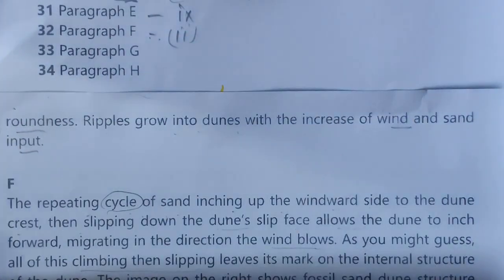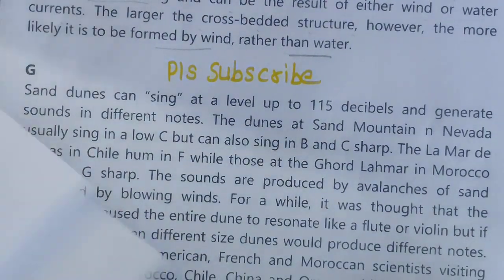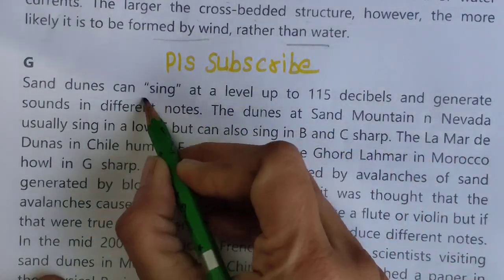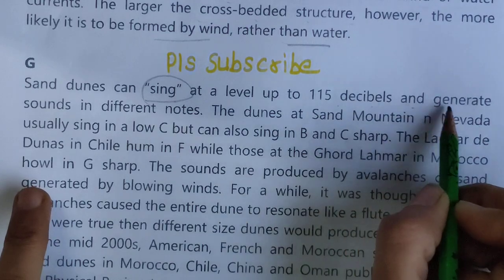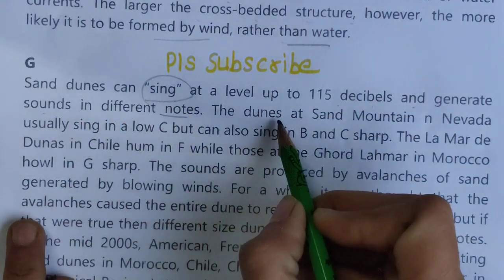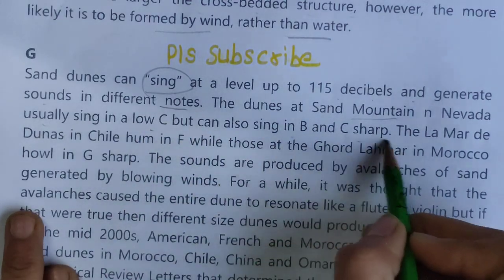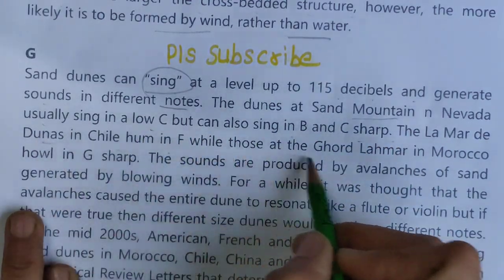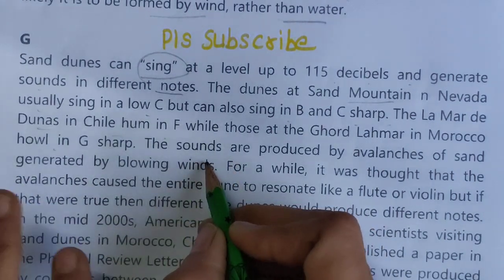Now coming to the next, G paragraph. Sand dunes can sing at a level up to 150 decibels and generate sounds in different notes. Sing word was there in one list of headings. The dunes at Sand Mountain in Nevada sing low C, the ones in Chile and Gobi in Mongolia too. The sounds you can also read like that, don't read in full.